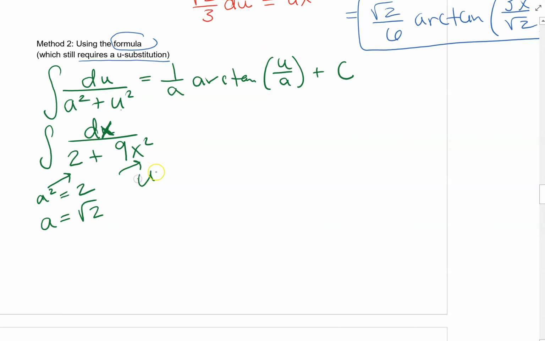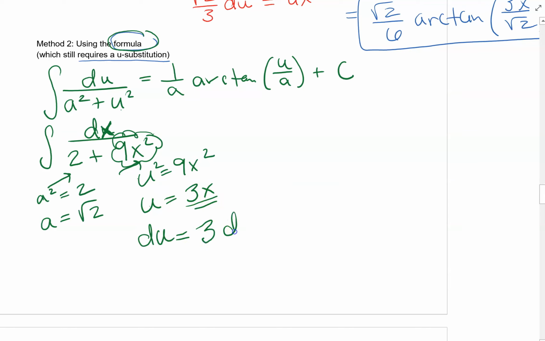And u squared would have to be 9x squared, which would make u equal to 3x. So if I'm using the formula in this case, because this was not just plain x squared, I do still need a u substitution. If u is equal to 3x, then du would be 3 times dx. So when I go to replace my dx, I need to remember that, let me divide by 3 here, it's equal to du over 3.